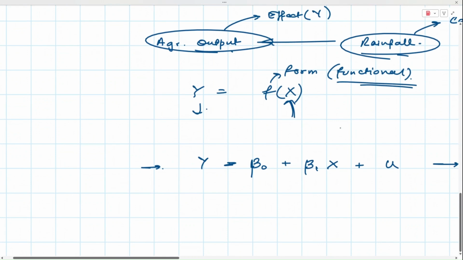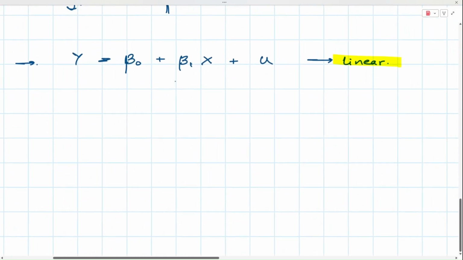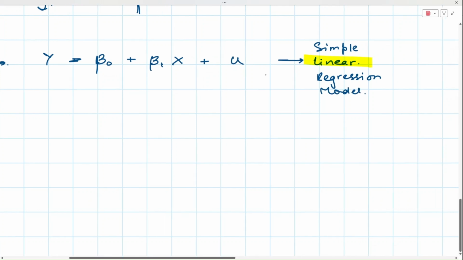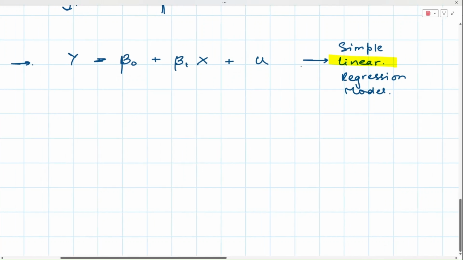Now we'll actually call this your simple linear regression model. It's linear because this functional form is linear, and it's simple because there's only one explanatory variable.